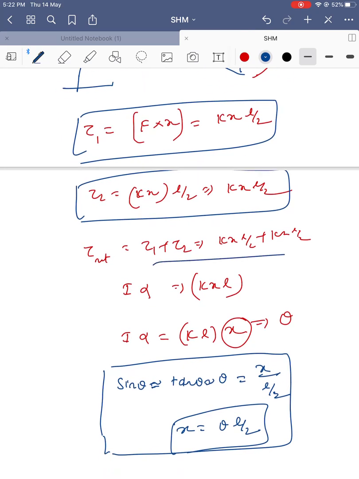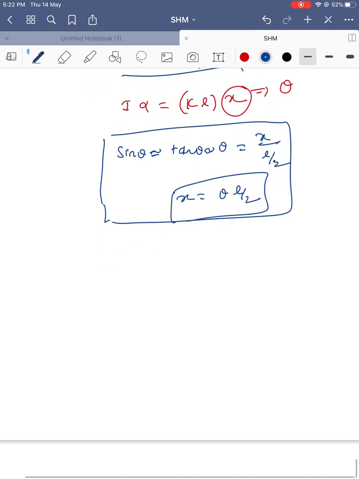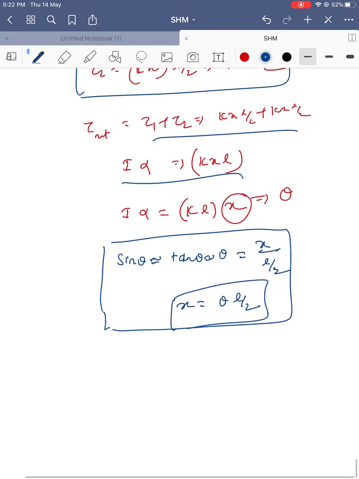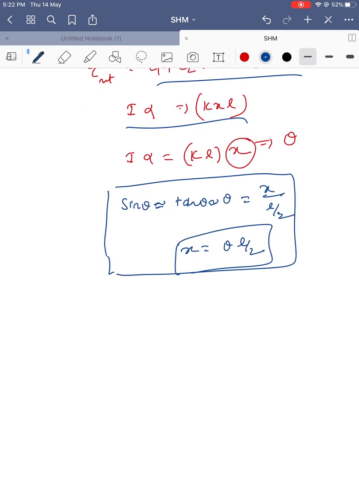So net torque tau is equal to I alpha. Whatever I am following, we will follow for every problem. Okay, tau is equal to kx, which is equal to k l theta by 2. Next, we should consider I into alpha is equal to k l into x, where x is nothing but theta l by 2. So what is the I?